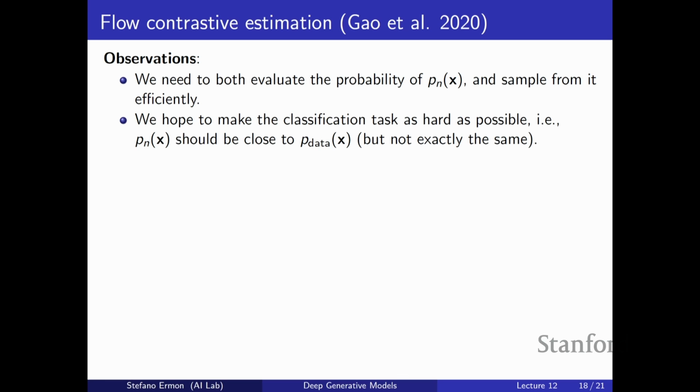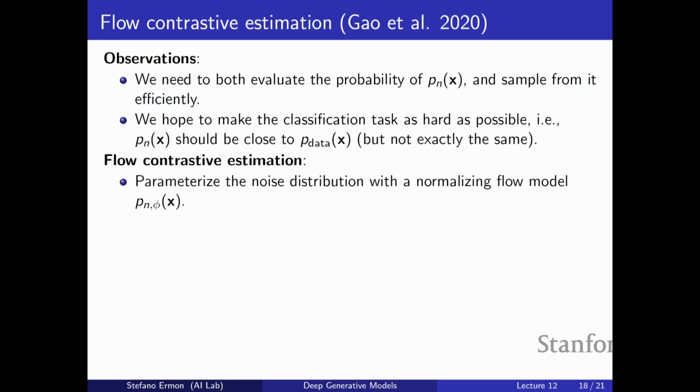Intuitively, we're training the noise distribution to make the classification problem as hard as possible, so that the noise distribution is close to p data. And so flow contrastive estimation is basically this idea where the noise distribution is defined by a normalizing flow with parameters phi.